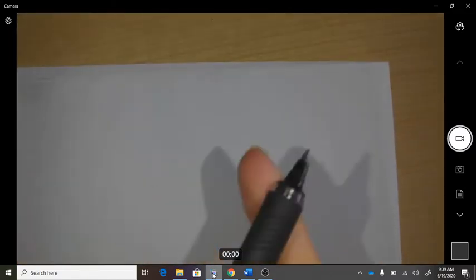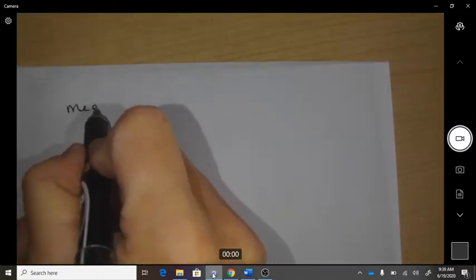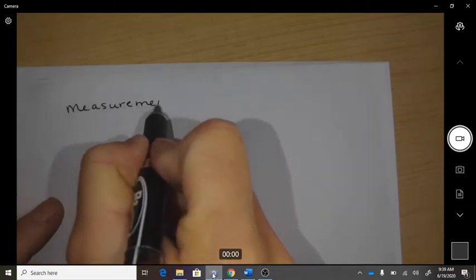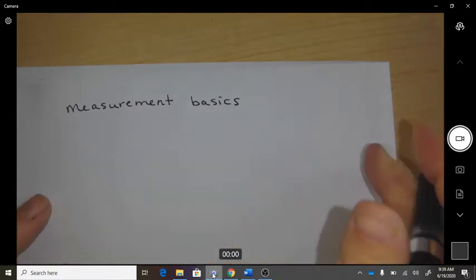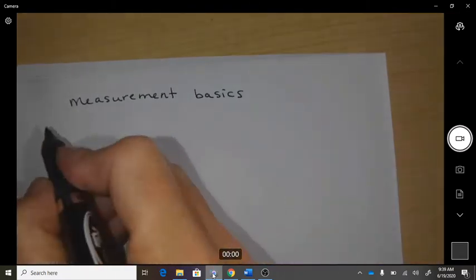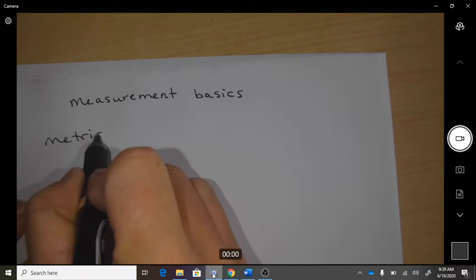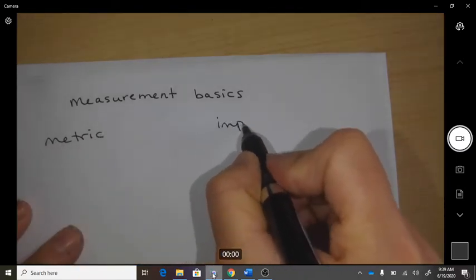Okay, let's start our measurement unit with some measurement basics. So we have two systems, the metric and imperial.